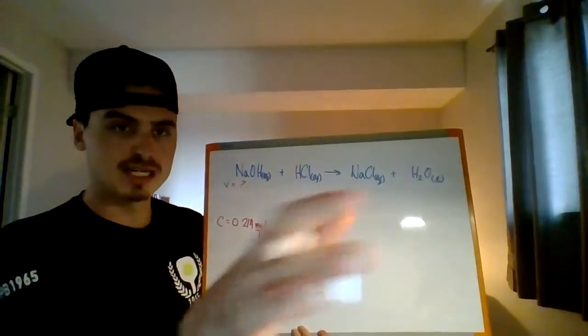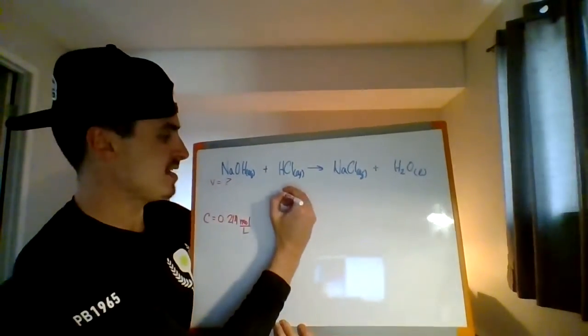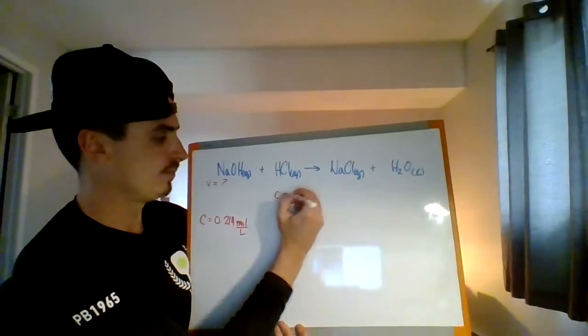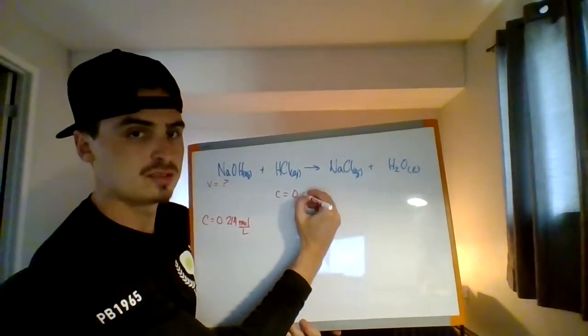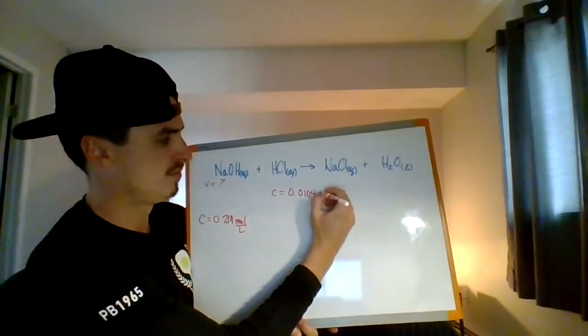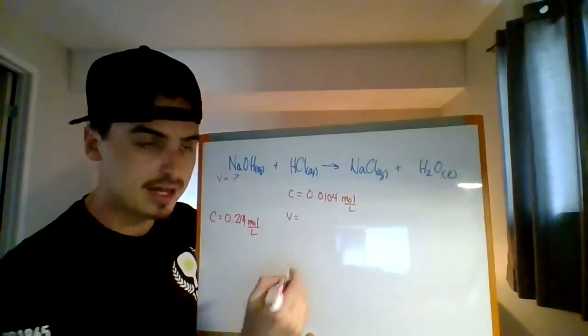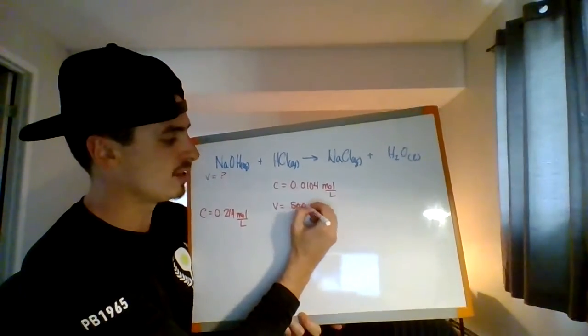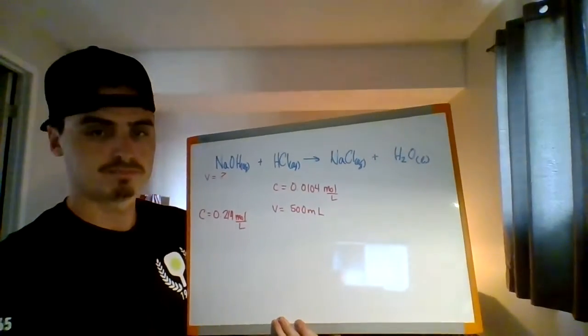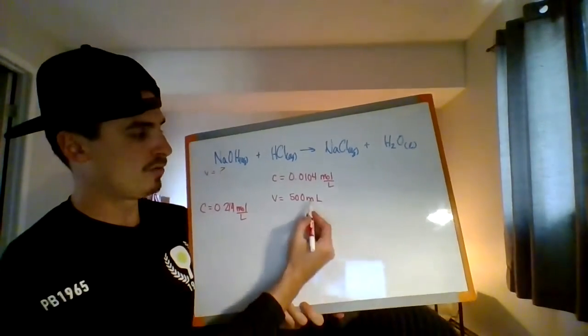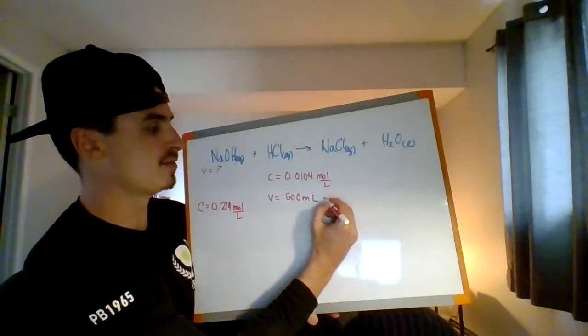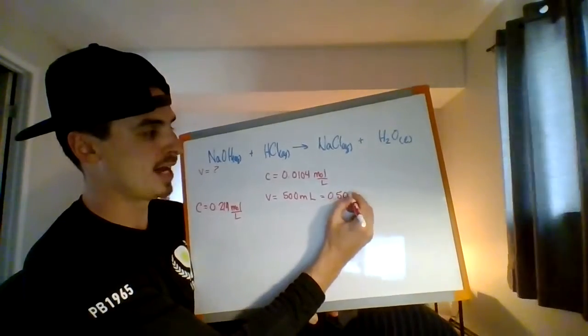Now, if I look at HCl, it says it's given me a concentration of HCl, 0.0104 moles per liter. It's given me concentration. And it's also said the volume is 500 milliliters. Okay. Well, first of all, I've got liters here, so I need to convert this to liters. So I divide by 1,000.